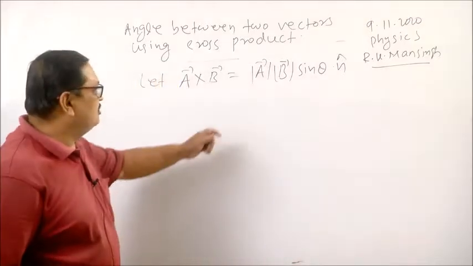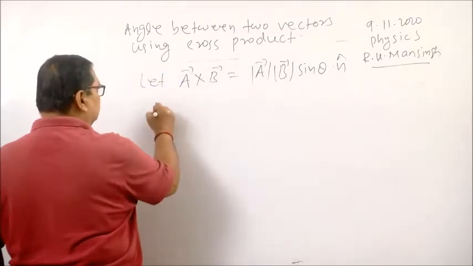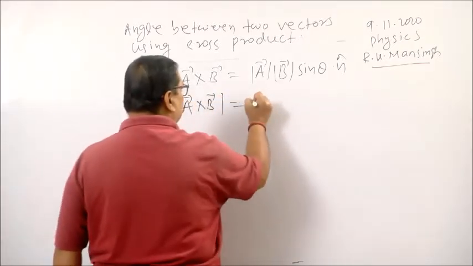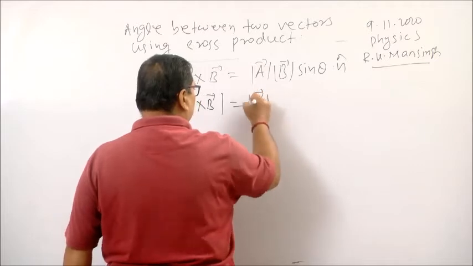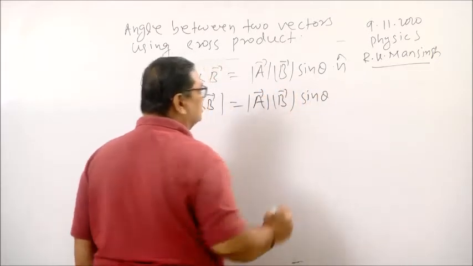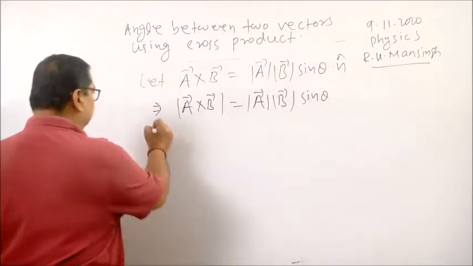We know A cross B equals modulus A modulus B sin theta n cap, but its magnitude equals modulus A modulus B sin theta, because n cap is a unit vector whose magnitude is 1.